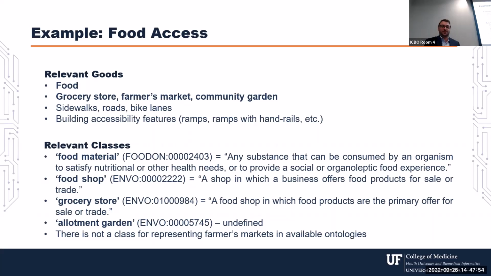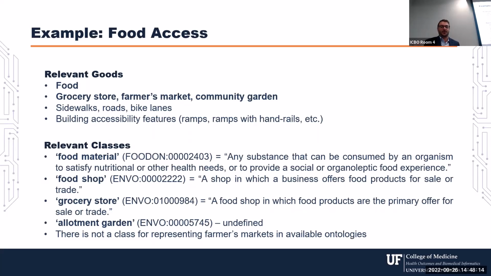There's food shop, which is a parent class for a number of different types of food shops. They define it as a shop in which a business offers food products for sale or trade. One of their subclasses is grocery store, which is a food shop in which food products are the primary offer for sale or trade.